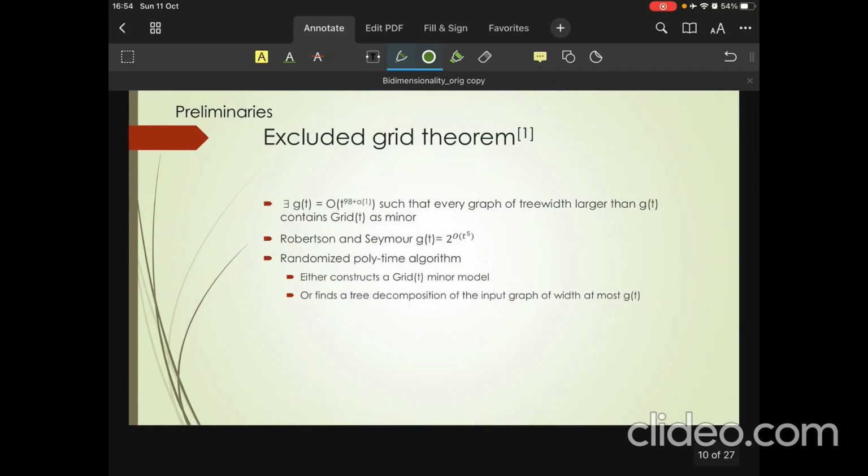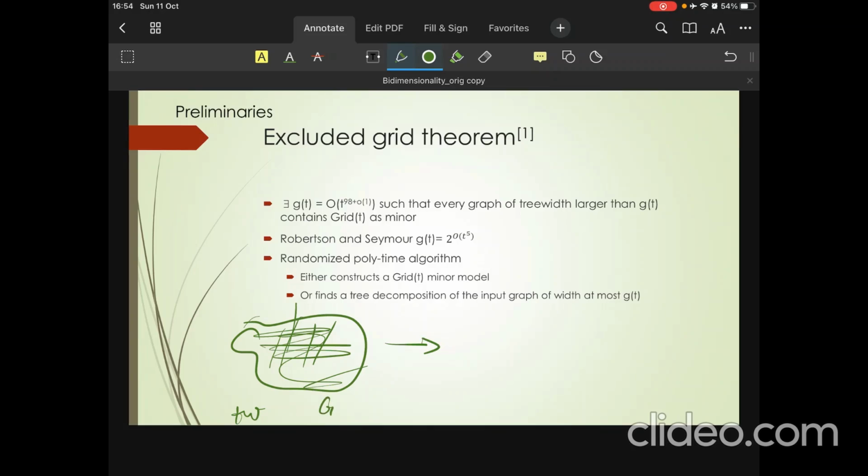Next, we move on to the main part of our problem: the excluded grid theorem. Intuitively, the problem we started with was that the graph is very complex or very dense, that is, it has a very large tree width. So we want to say that it has a structured obstacle, that is, it has some graph as its minor or some graph as its contraction.